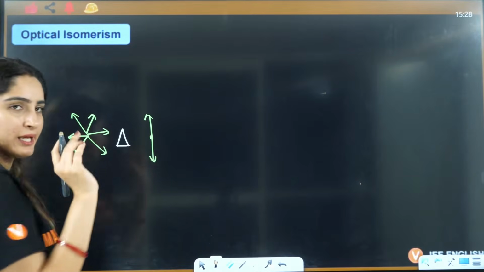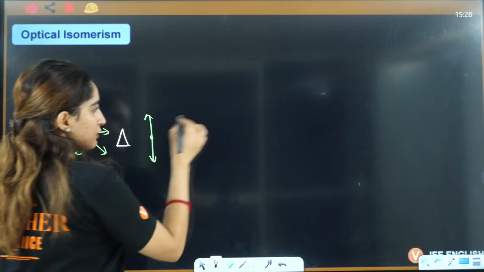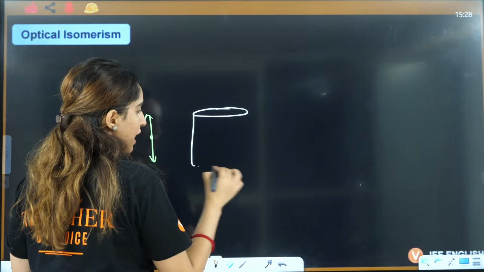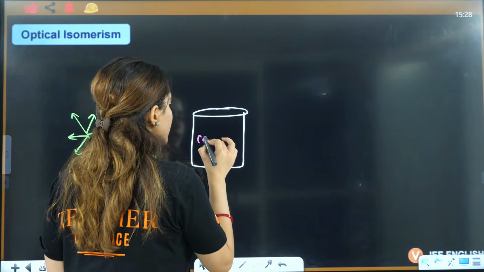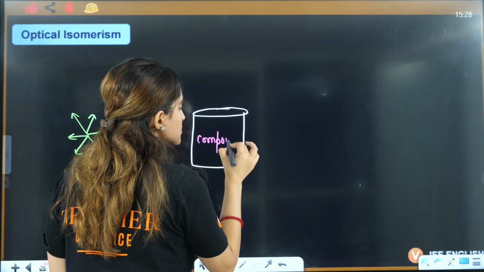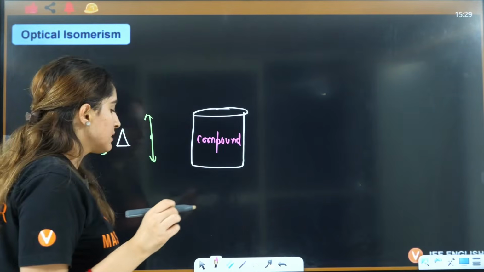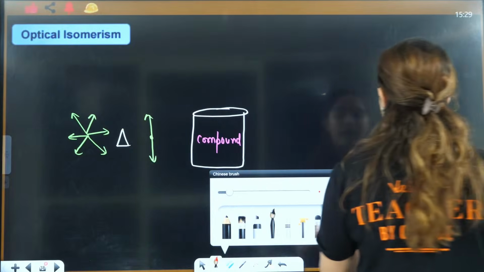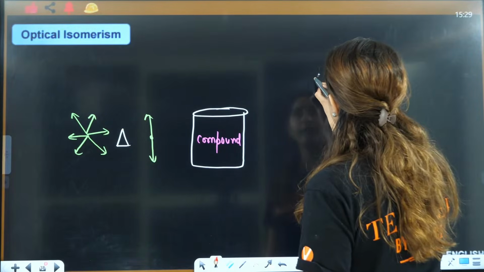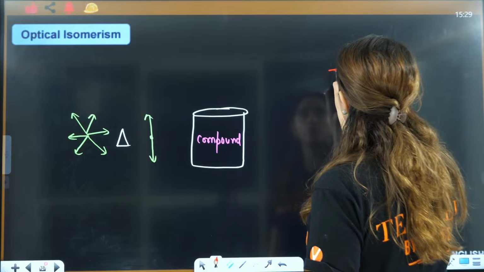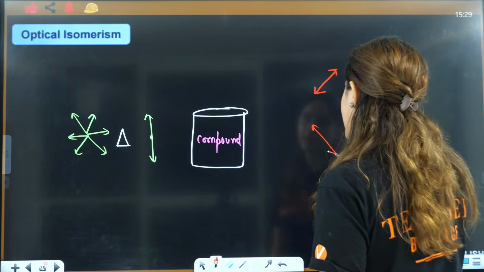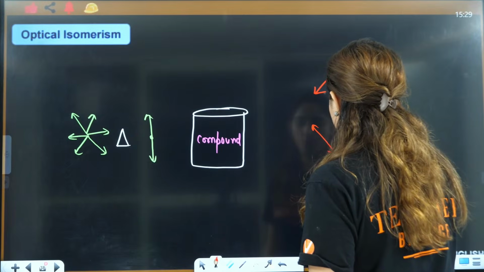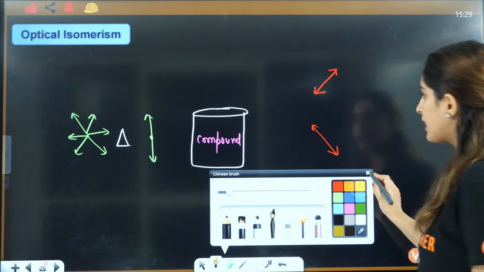Now this plane polarized light is passed through a compound. If, on passing through that compound, the plane polarized light is rotated towards the right or towards the left, or has no rotation, that will define the optical activity.